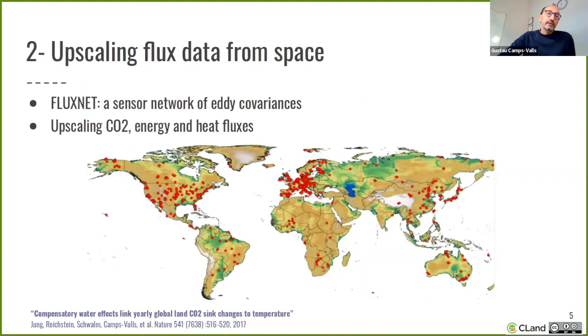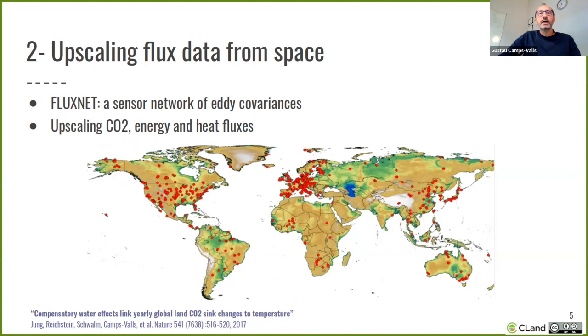Well, and this has already been treated in this workshop, but maybe you want to go global, and for that, instead of going just with a regional campaign, you can exploit information acquired by the flux network sensors.